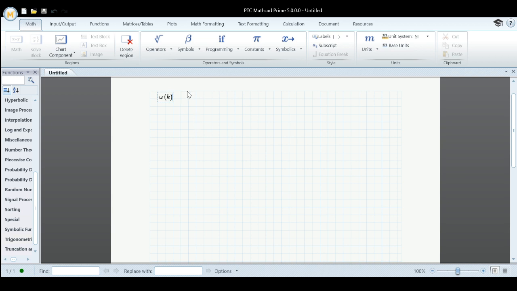So there was omega square, so we will write here square root of 1 plus k square plus h k to the power 4.